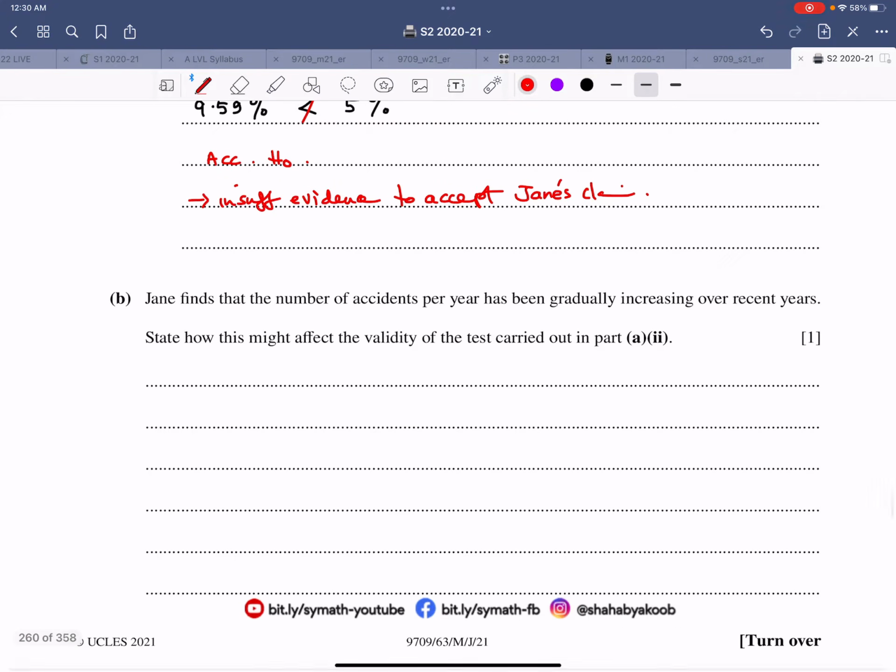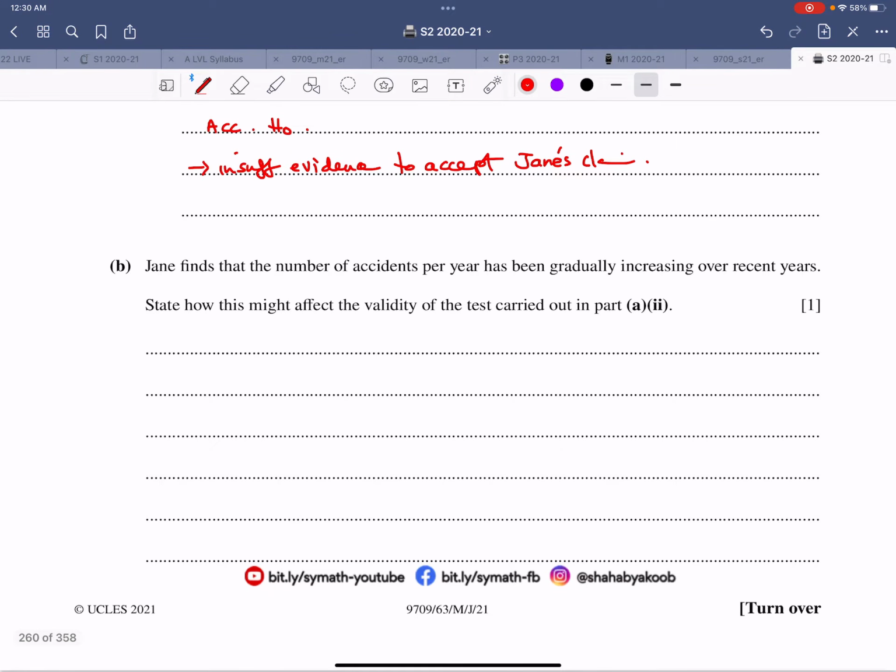Jane finds that the number of accidents per year has gradually been increasing over the recent years. Show how this might affect the validity of the test carried out in part A2. Now, for Poisson distribution, there are 4 conditions. The mean number of occurrences should be occurring at a constant rate, should be occurring singly, should be occurring at random, and should be independent of one another.